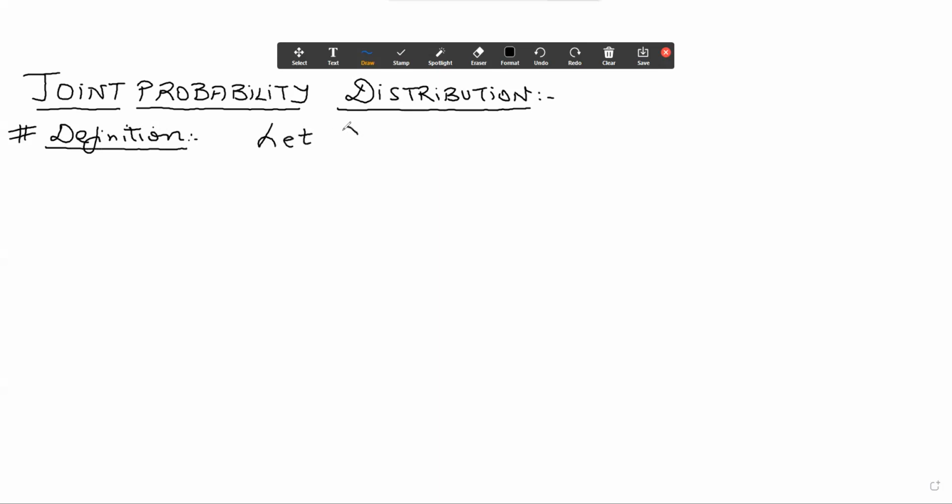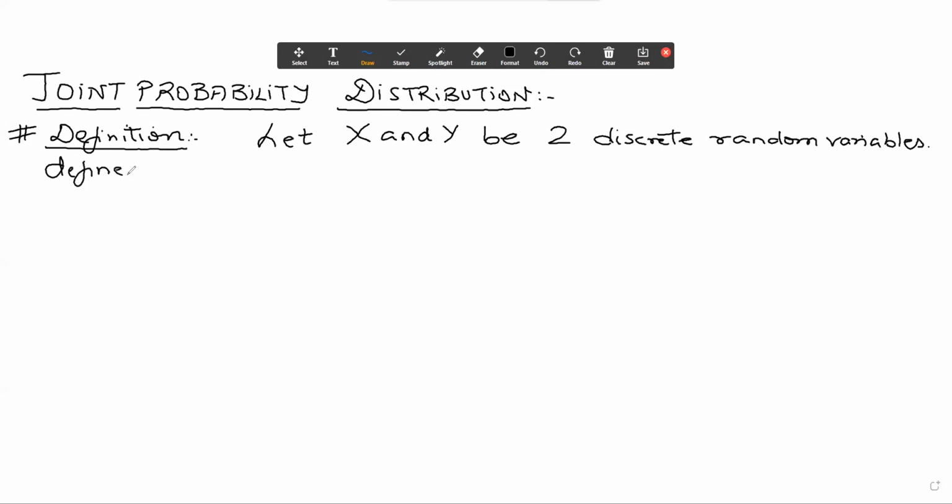Let capital X and capital Y be two discrete random variables defined on the sample space delta of an experiment.